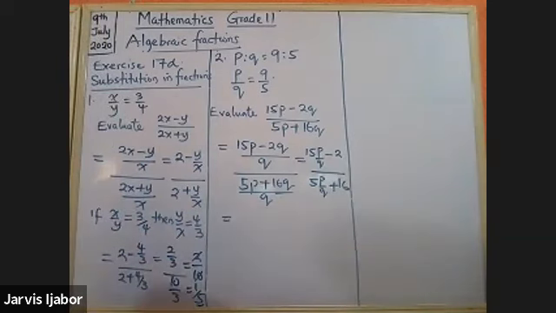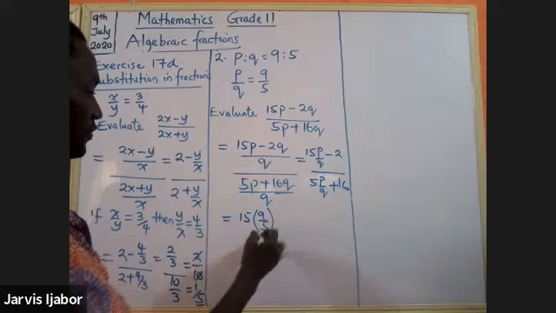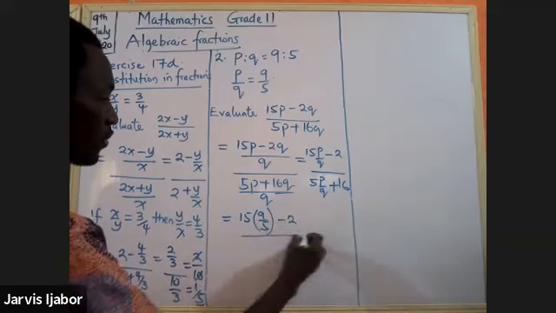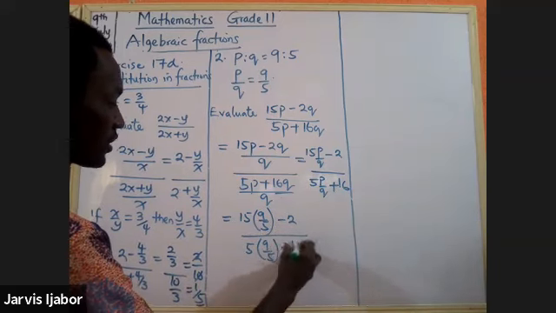What is P over Q? P over Q is 9 over 5. So this will be 15 into 9 over 5 minus 2 over 5 into 9 over 5 plus 16.